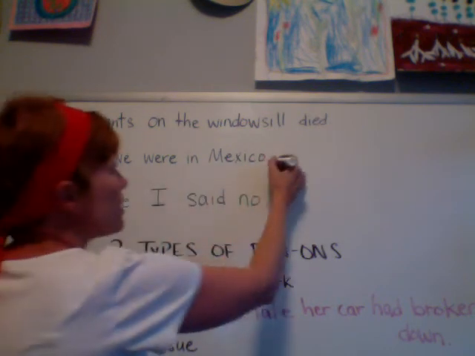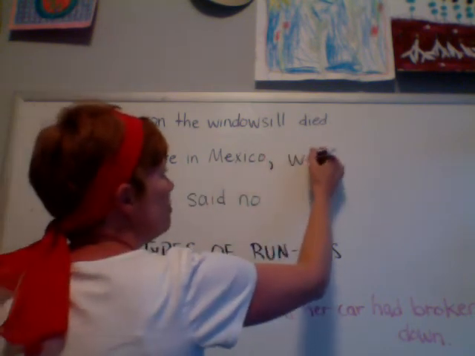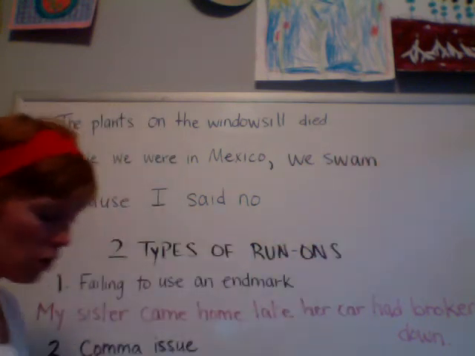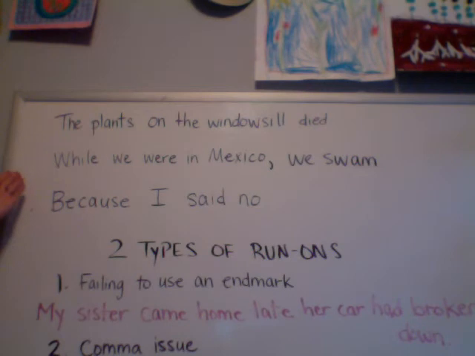While we were in Mexico, we swam. Okay? You could also put we swam at the beginning of the sentence. The problem with this one and the next one is that these are subordinating conjunctions and they can't stand alone. They only make sentence clauses, dependent clauses.